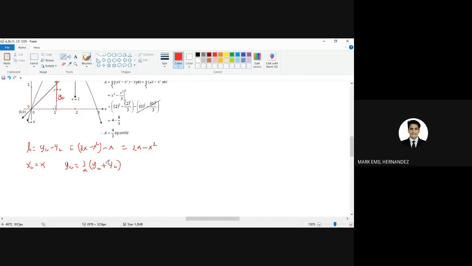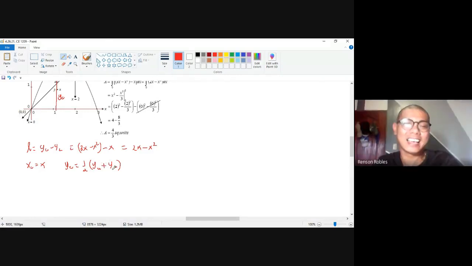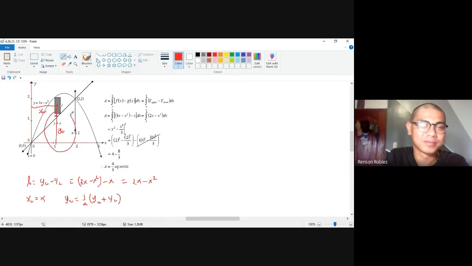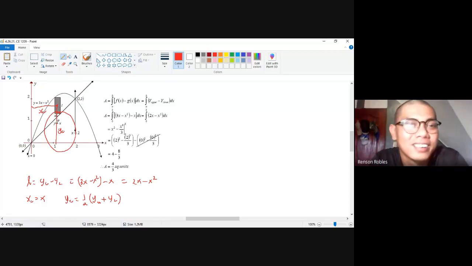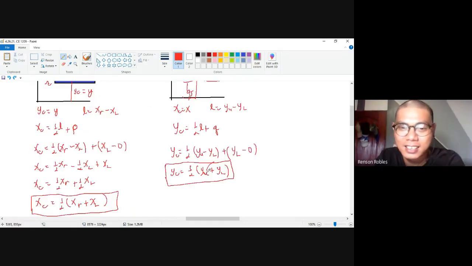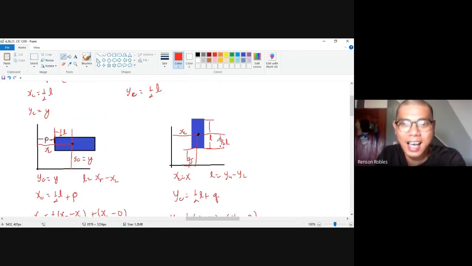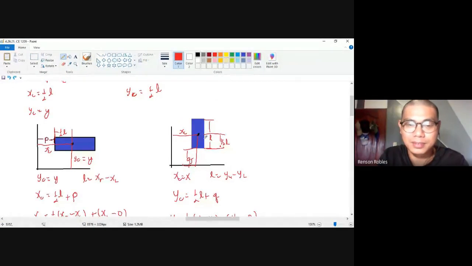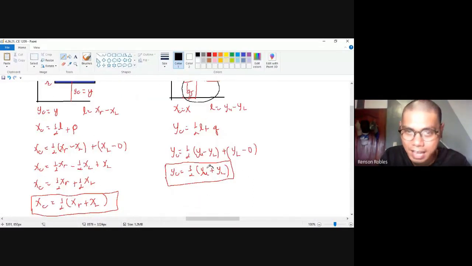Again, plus. Because it is floating. Right? It's not touching the x-axis. That's why it is plus. Plus. Floating. Okay? Floating, so this is plus.